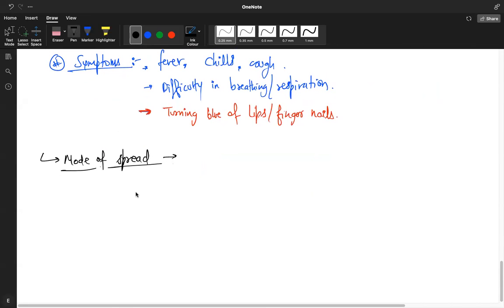First, it can spread through air droplets. Air droplets coming from the respiratory tract, or air droplets exhaled by the infected person.